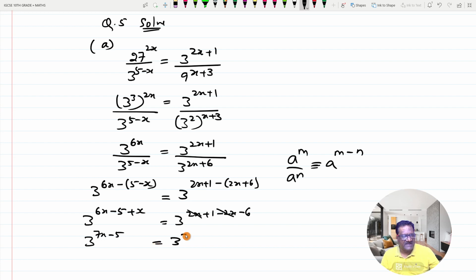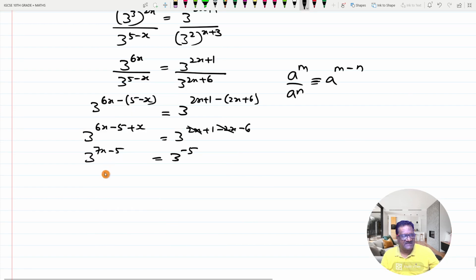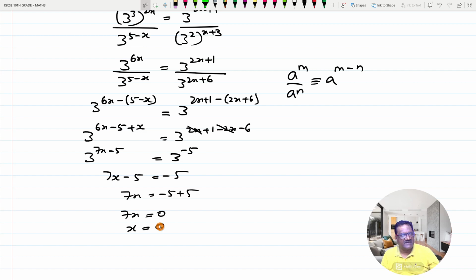So at this stage, because the bases are equal, I can equate the powers and write 7x minus 5 equal to minus 5, 7x equal to minus 5 plus 5, which is equal to 0. So 7x equal to 0. So my x will be equal to 0 divided by 7, which is nothing but 0.